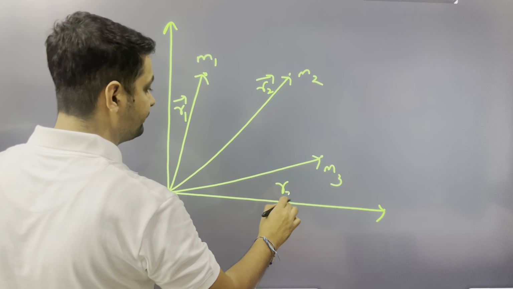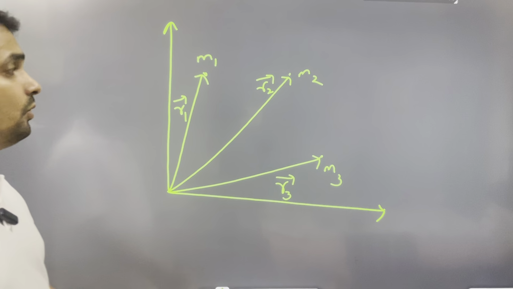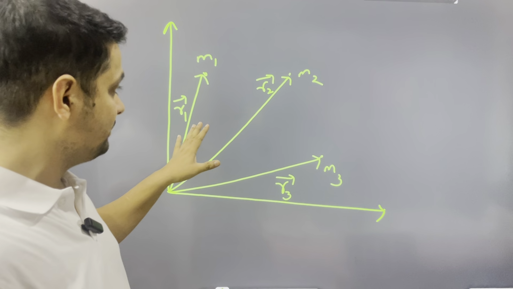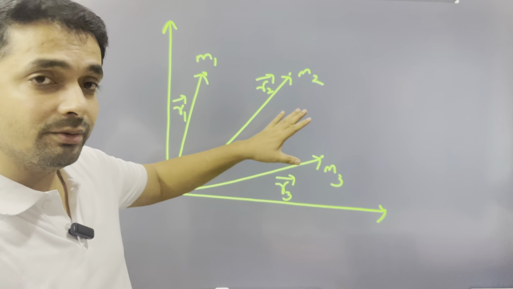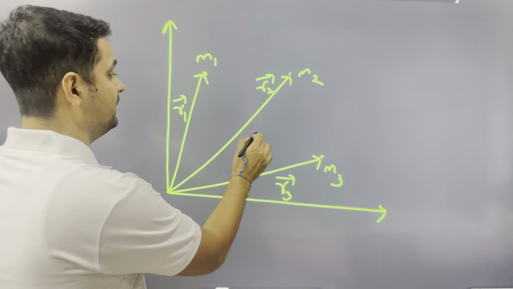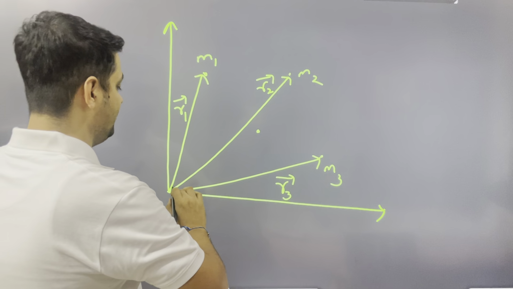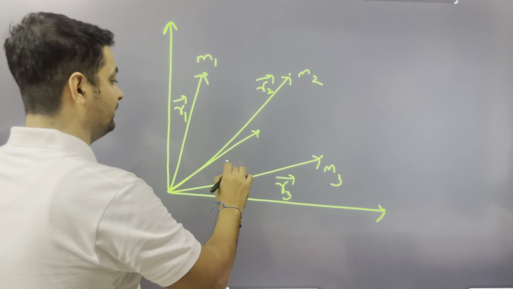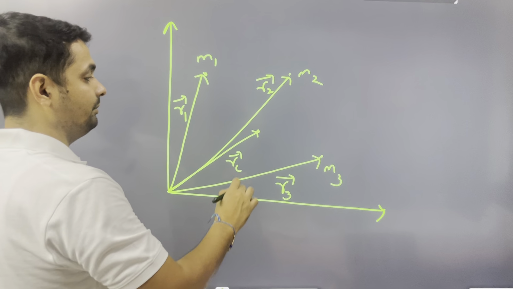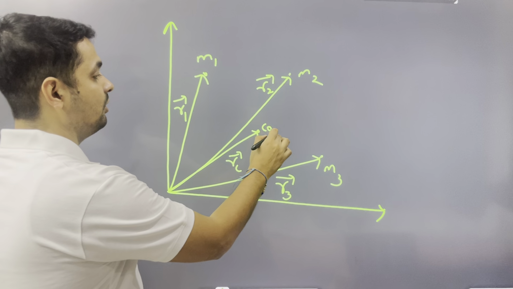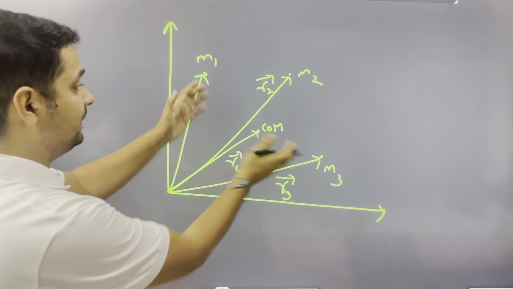Correct? Now let us see here, if m1, m2 and m3 is one system, and the center of mass is somewhere here. I just consider that the center of mass is here and its position vector will be rC vector. This is the center of mass of this three particle system.